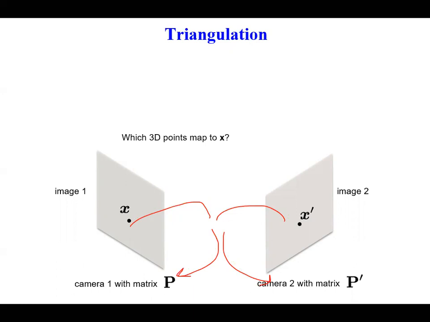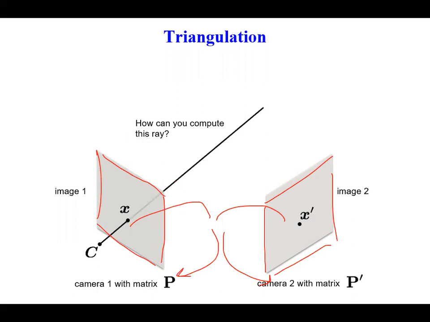Earlier, I gave you the 3D point X and the small x in the image, and I asked you to get P. Now I'm not giving you that. I'm giving you this x in the image, and I'm giving you P, and I'm asking where exactly this is in the world. How can I get this? I'm also giving you two image poses. How can we solve for something like that?